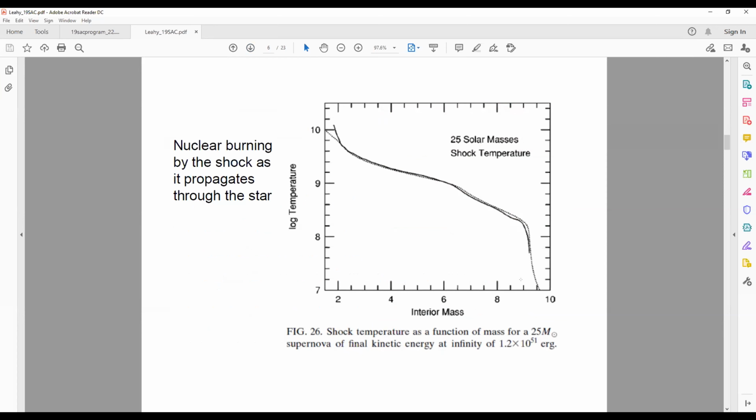So this is for a 25 solar mass star, that you produce a lot of the elements observed in the universe.